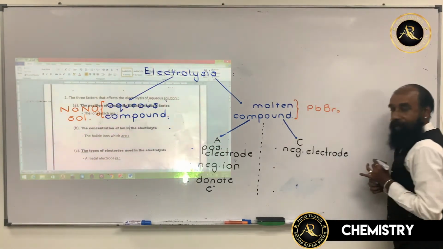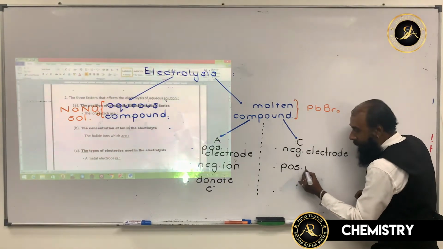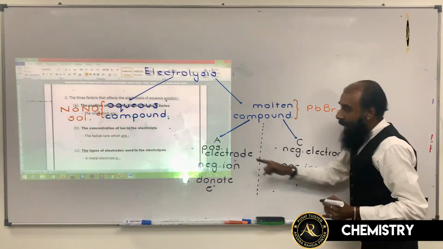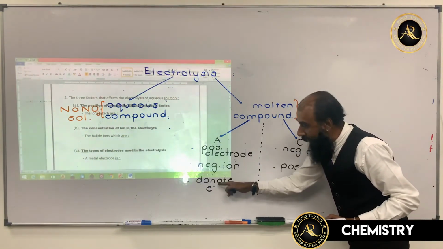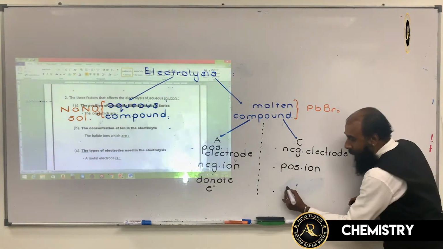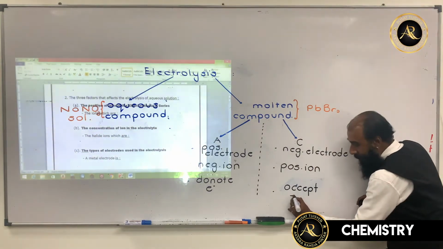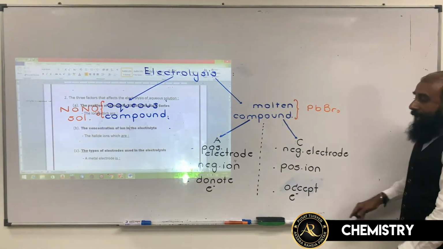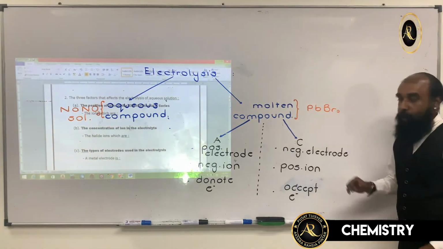Anode attracts negative ion, cathode, the opposite, attracts positive ion. And anode donates electrons. The process there is donating electrons, and the cathode is the opposite of donate. We call it accept electrons.